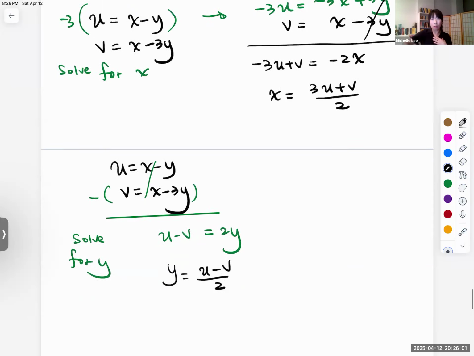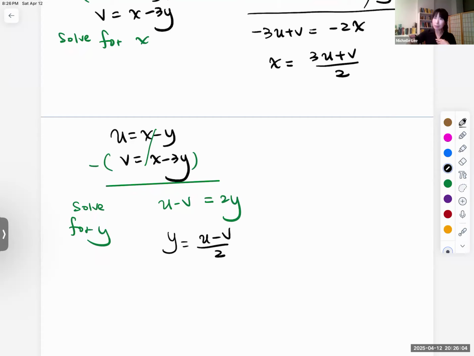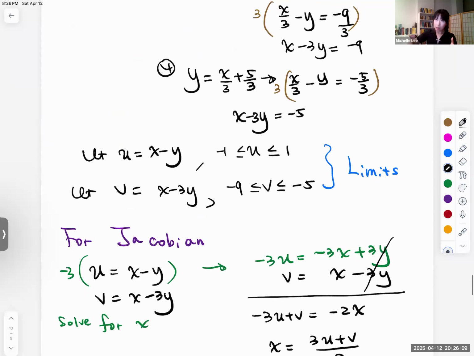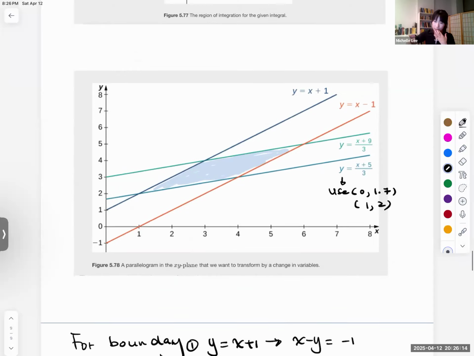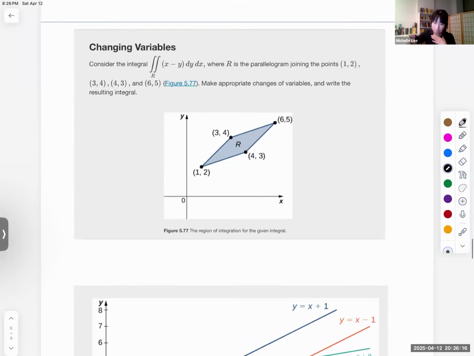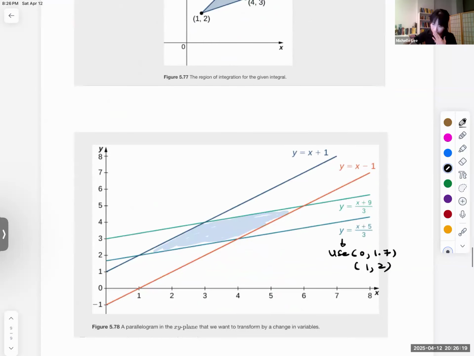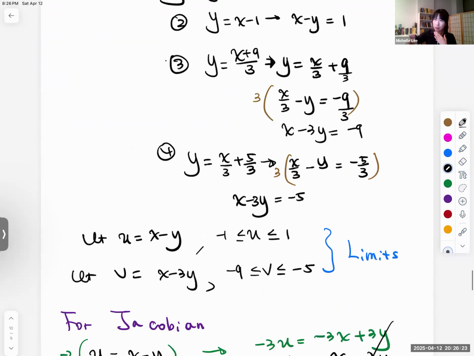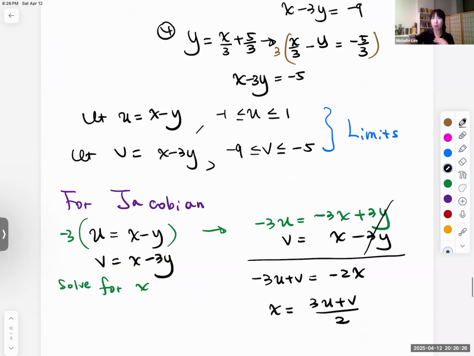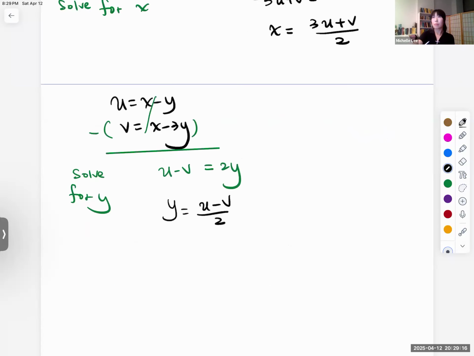Okay. Now, oh, you cannot see. So we have T of UV. So we want to make the xy, right? So let me.